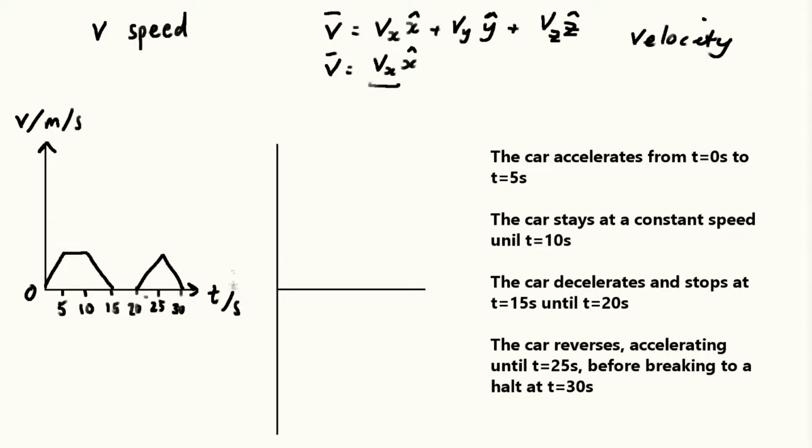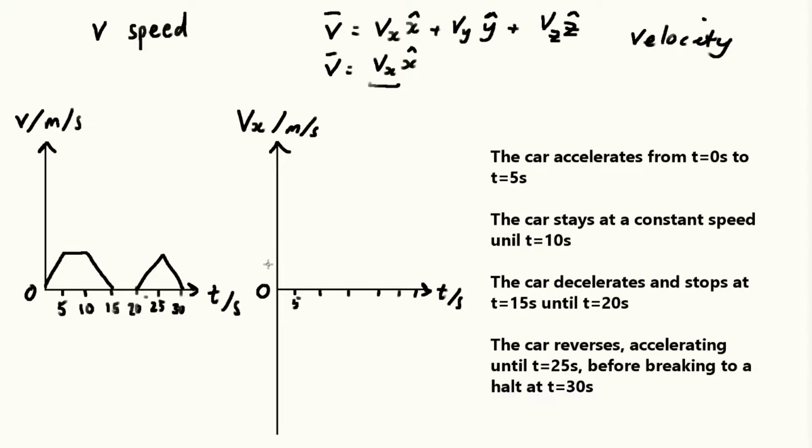Let's do the same thing for the x velocity time diagram. Let's draw on our origin, our x velocity with units meters per second, our time with units seconds, and we'll mark on our 5 to 30 second marks once again. The graph is going to look very similar to begin with.